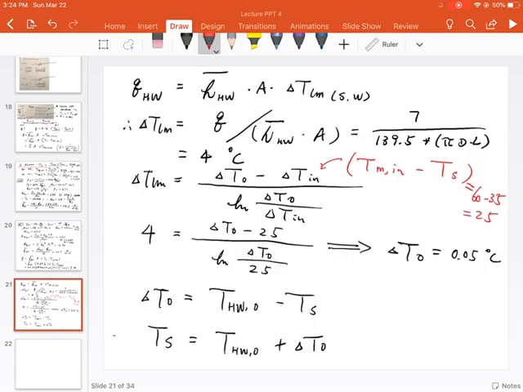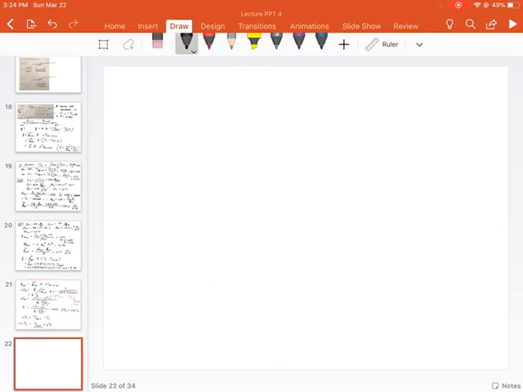However, in order to get this surface temperature, we have to get the outlet water temperature, and the outlet water temperature has to be calculated from the energy balance.